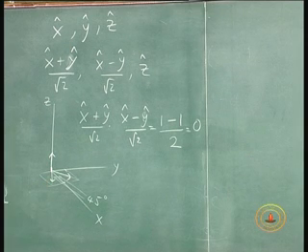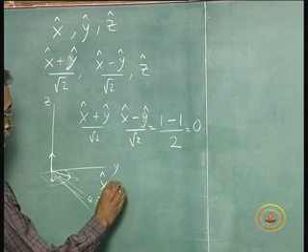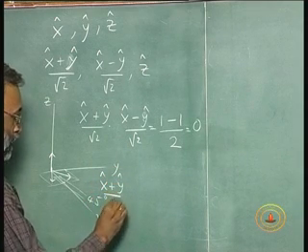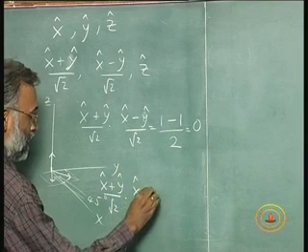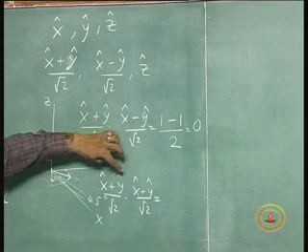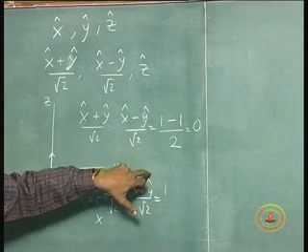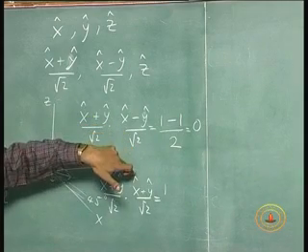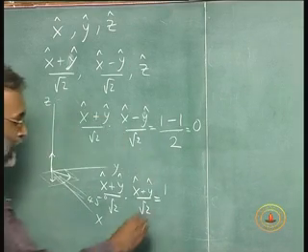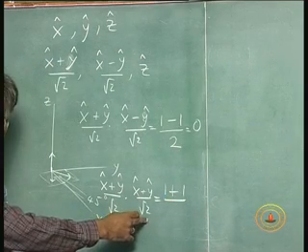Because I need also this condition, e_i dot e_i is equal to 1. So, if I just dot product this by itself, what do I get? x hat plus y hat over root 2 dot x hat plus y hat over root 2. Well, x hat dot x hat is 1, x hat dot y hat is 0, y hat dot x hat 0, and y hat dot y hat is 1, over square root of 2 multiplied by square root of 2.